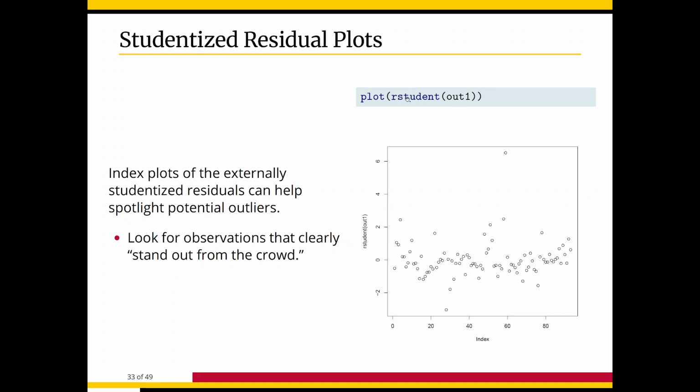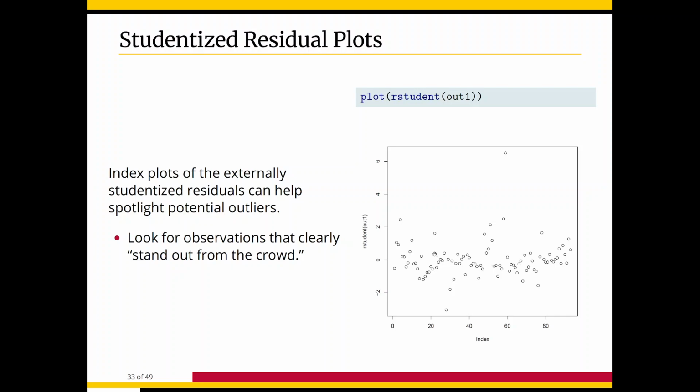We can get the studentized residuals by using the rstudent function applied to a fitted model object. And if we give it just y data with no x, it's basically going to plot the y values against the row number, so against the index. So each one of these is one of our studentized residuals for a given observation, where the observation number is given on the x-axis.